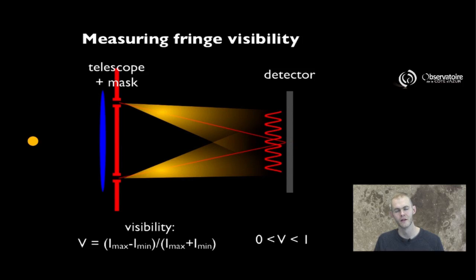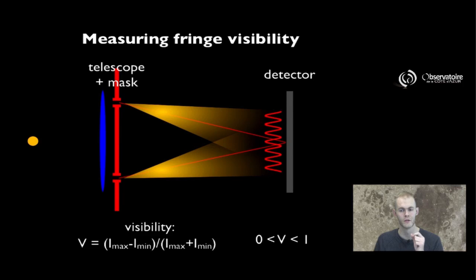Because of this, and the fact that you now have the sum of multiple sets of fringes landing on your detector, the net effect is that the visibility of your fringes decreases. Like we saw, the amplitude of the modulation of the fringes decreases.